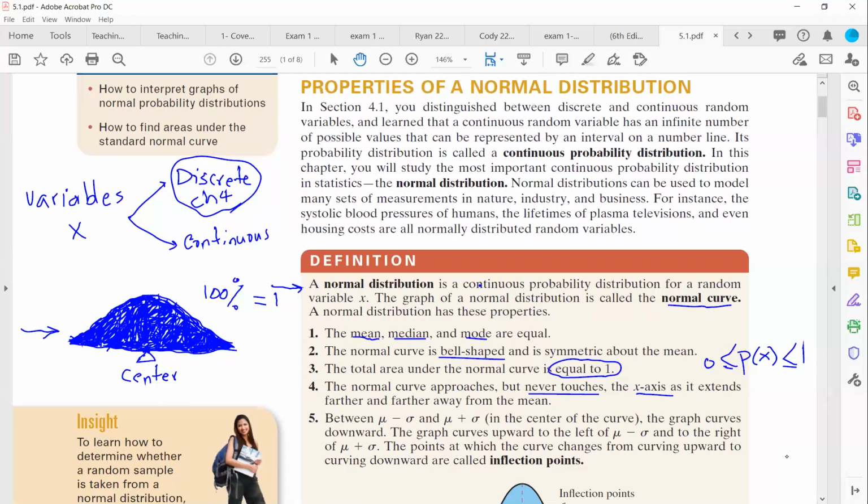The graph curves upward to the left of mean minus 1 standard deviation and to the right of mean plus 1 standard deviation. These points at which the curve changes from curving upward to curving downward are called inflection points.